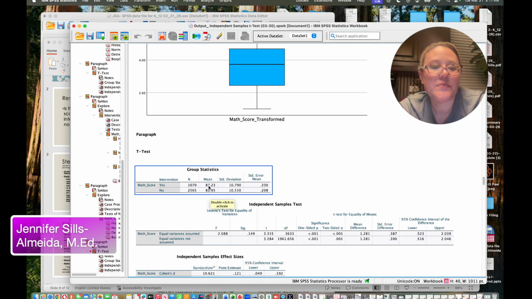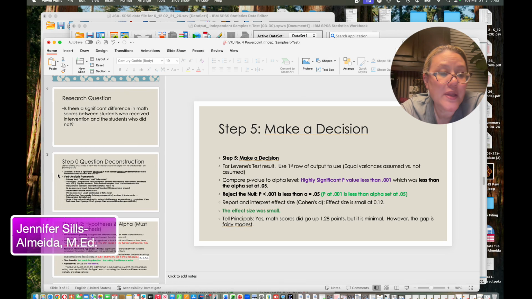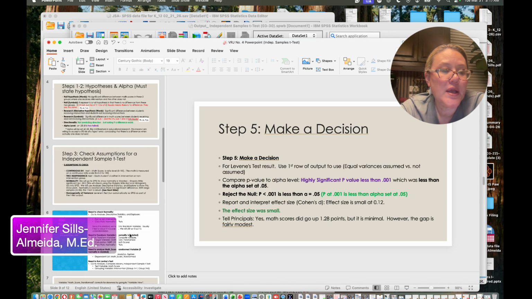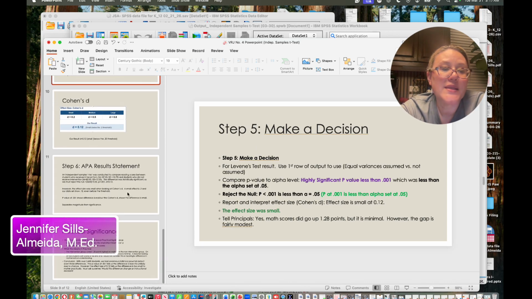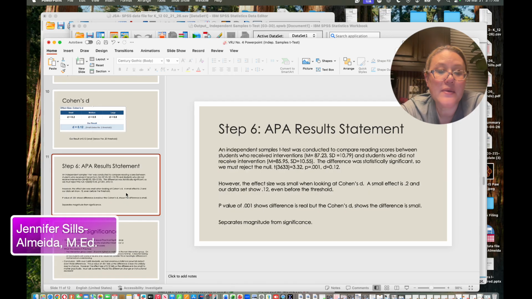We have a mean of 87.23 with intervention, 85.95 with no intervention. Well, that's not a huge gap between the two. So this is where it comes into play: is this magnitude going to be significant?